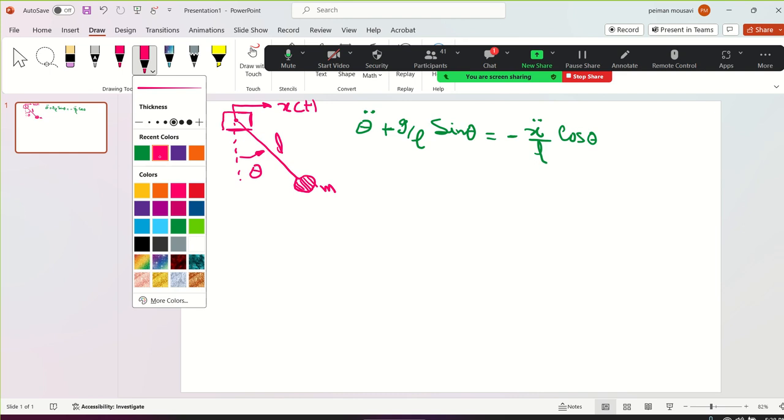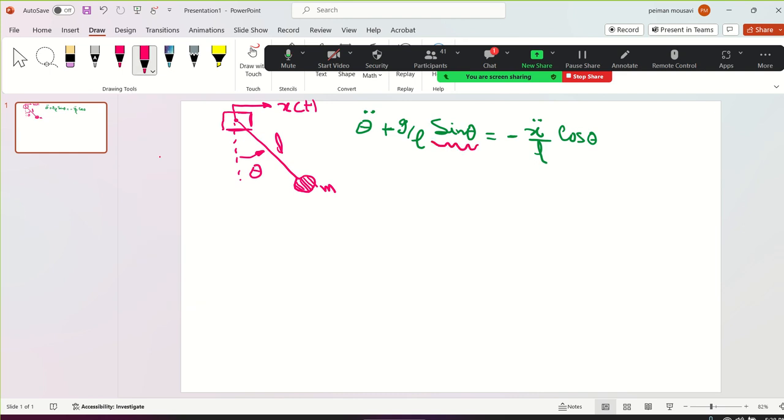So this is a nonlinear differential equation because of the sine of theta and the cosine of theta, because of their nonlinear nature. And I told you, this is a simplified model of your leg, and you want to keep it at, say, 45 degrees while you are dancing by your hip joint.